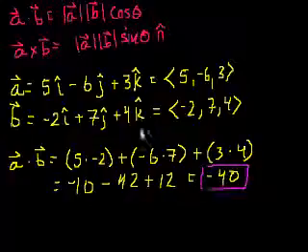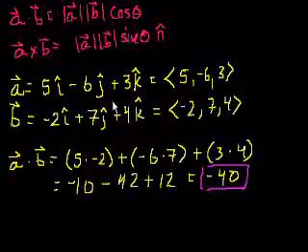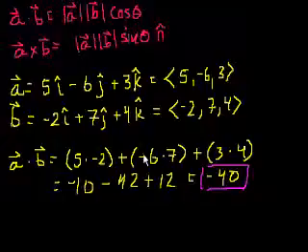And I'd actually be curious to graph this on some type of 3-dimensional grapher to see why it's minus 40. They must be kind of going in opposite directions, and their projections onto each other go in opposite directions, and that's why we get a minus number. But the purpose of this video, I don't want to get too much into the intuition. This is just how to calculate, but it's fairly straightforward.